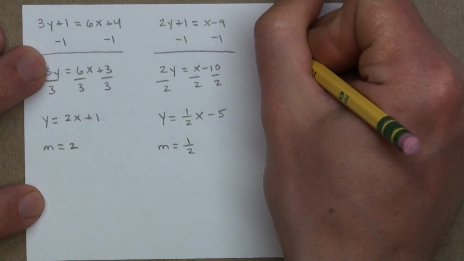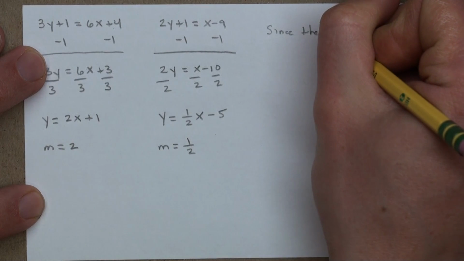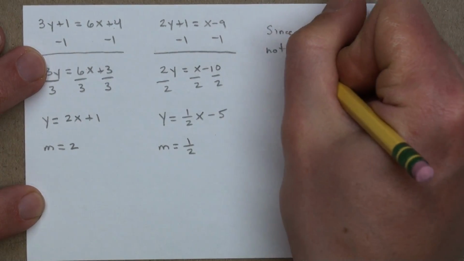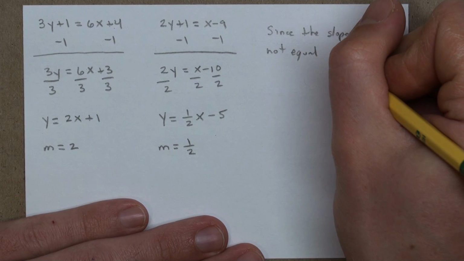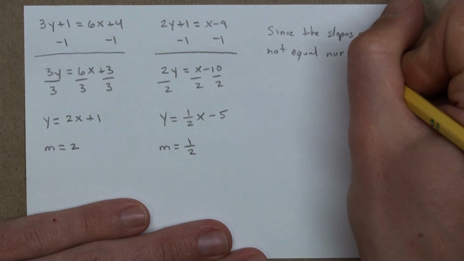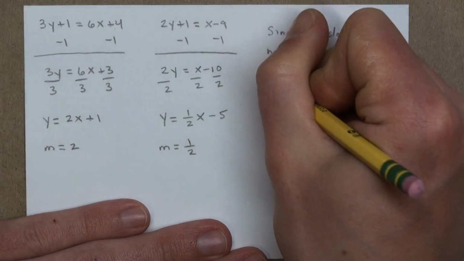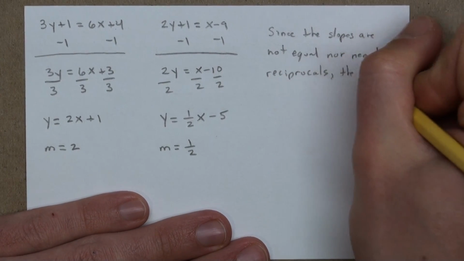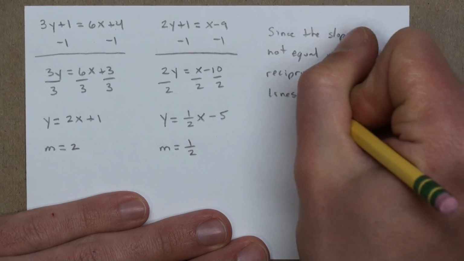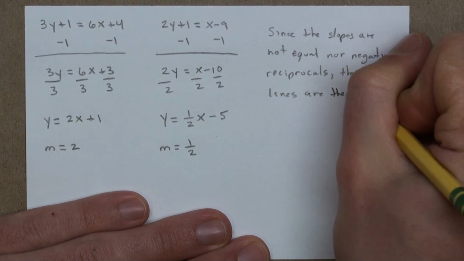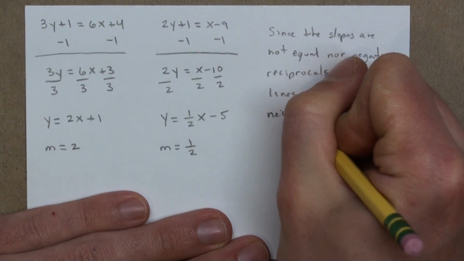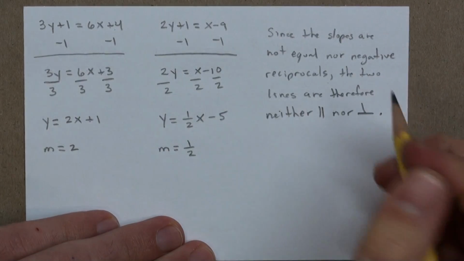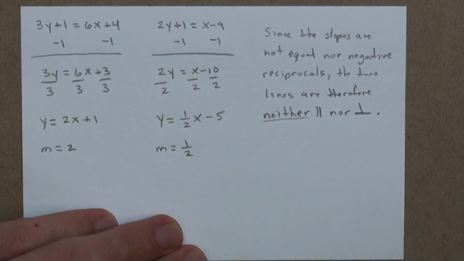So since the slopes are not equal, nor negative reciprocals, the two lines are therefore neither parallel nor perpendicular.